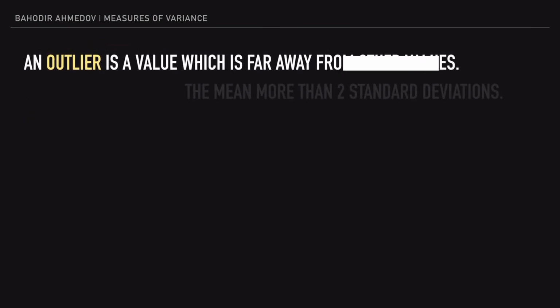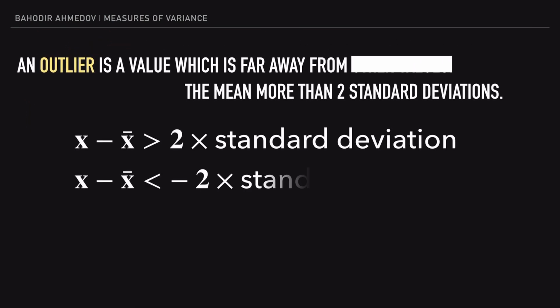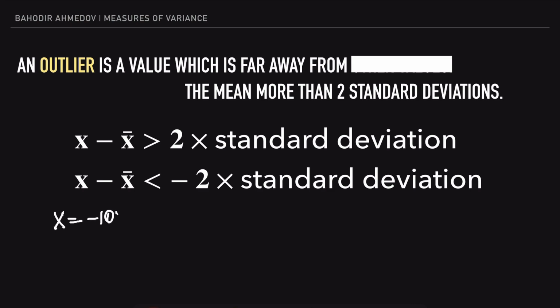So in this sense, I'm going to redefine the definition of an outlier. An outlier is a value which is far away from the mean by more than 2 standard deviations. Either, for example, you've got x minus x bar more than 2 standard deviations, or x minus x bar less than minus 2 standard deviations. For example, if you got x equal to minus 100, the mean is equal to 25, right?